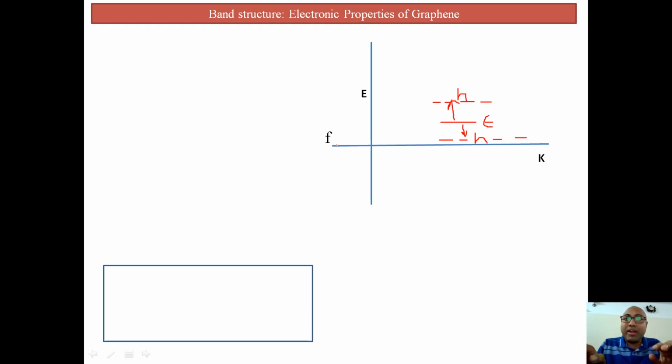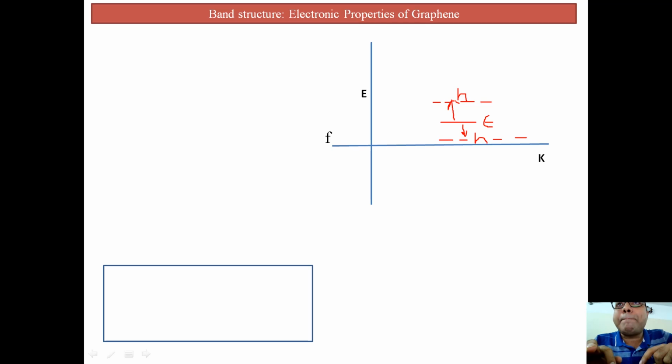I've already shown you that for current flow, those energies very close to F are the ones we are very much interested in.